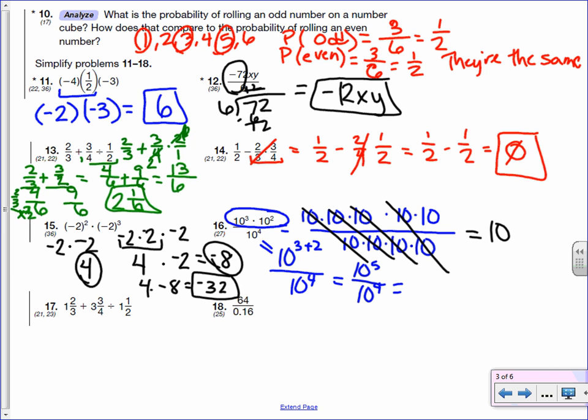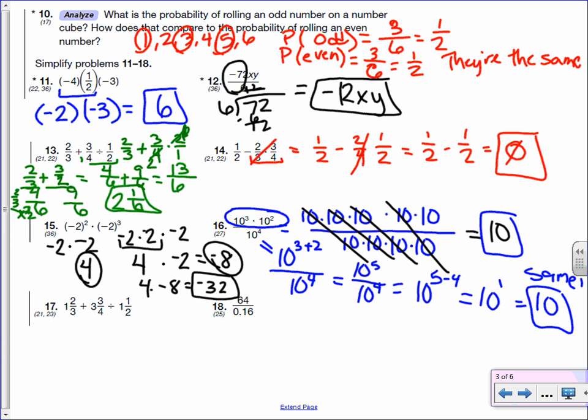And then when I'm dividing things with the same base, I subtract. And either way, I get 10. It's a nice thing to be able to check your answer.